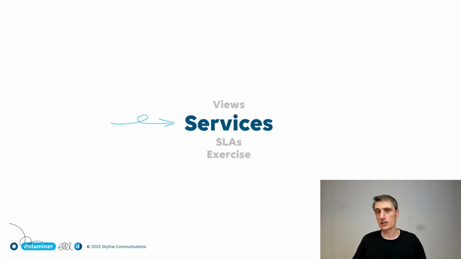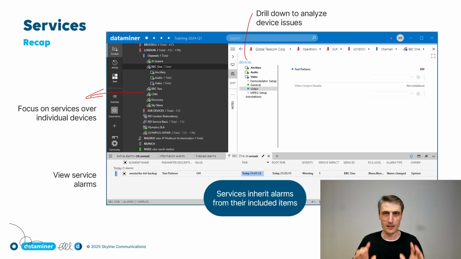Okay, so that was what I wanted to talk about with views. Now let's take it one level higher, and that's creating a service, because the service will also impact the alarms and it will show you the actual impact on your system. Just a quick recap on services: services are immediately giving you that service perspective on your view.